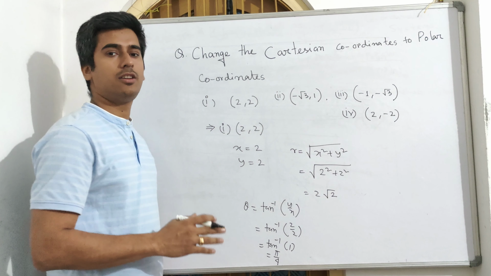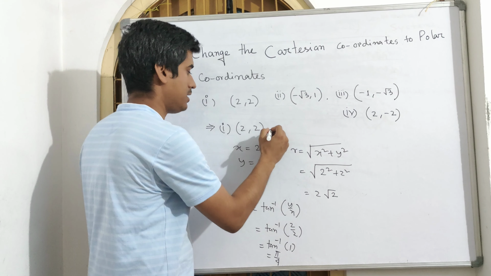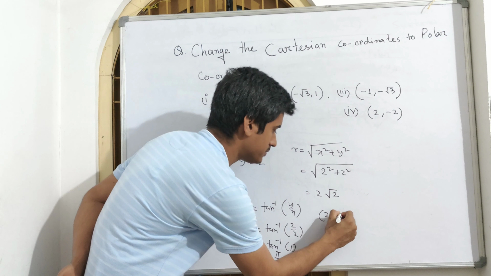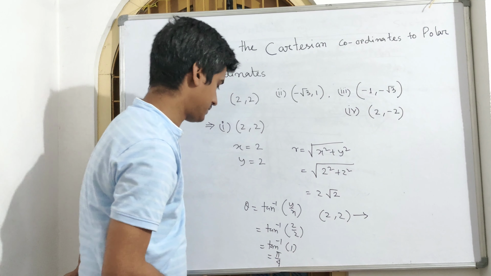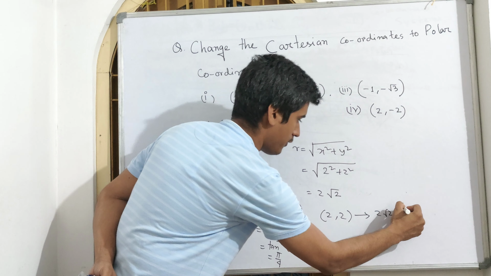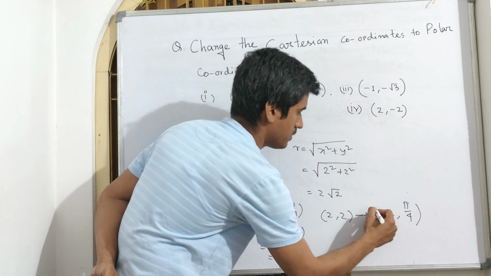So the polar coordinate of the point (2, 2) is (2 root 2, pi by 4).